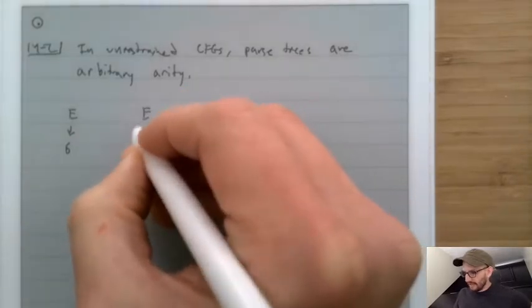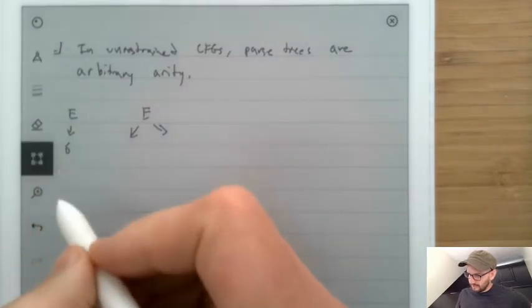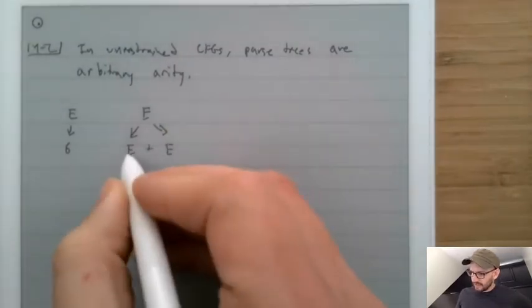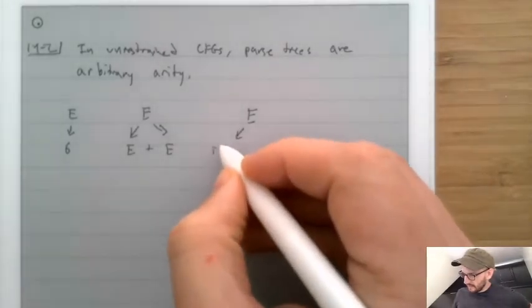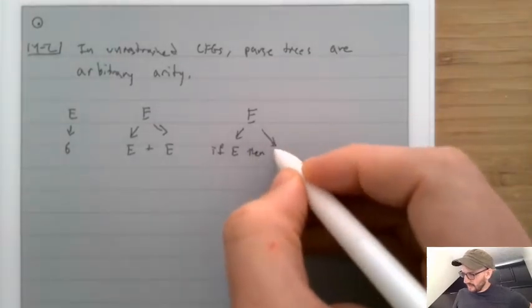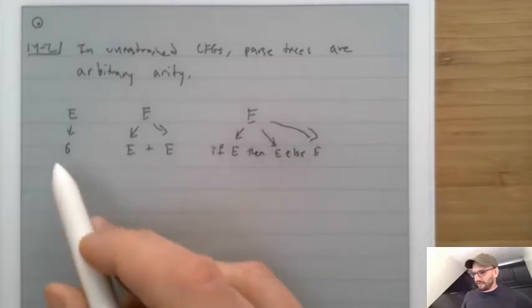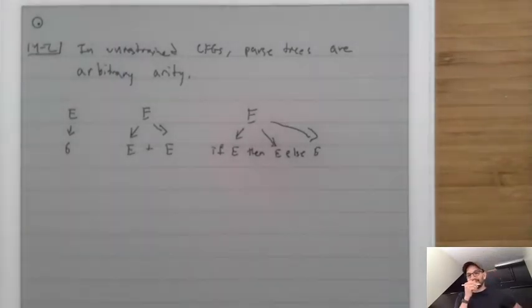Or I could have an E that was pointing to 2 things: the E, the plus, and the E, so it's pointing to that E and that E. Or I could have an E that's pointing to 3 things: the if part, the condition part, then the then branch, then the else branch. So notice that there are 0 variables here, 2 variables here, and 3 variables there. And so the number of variables on the right-hand side determines the arity of the parse tree.